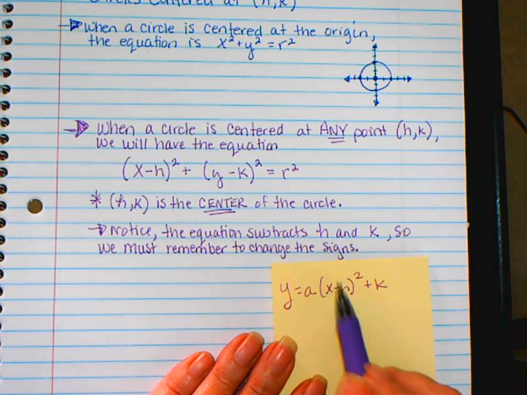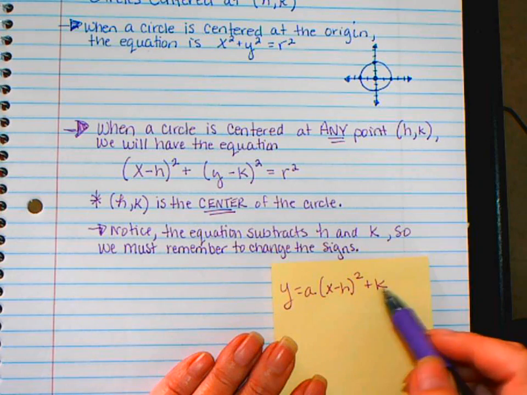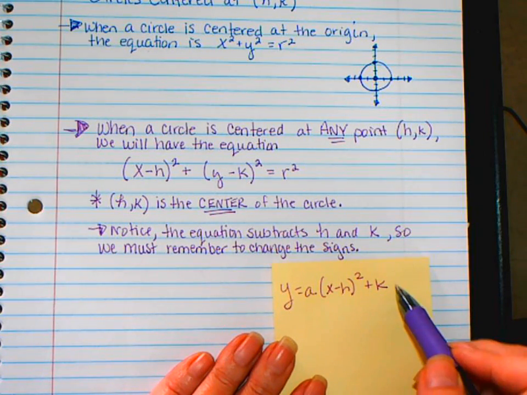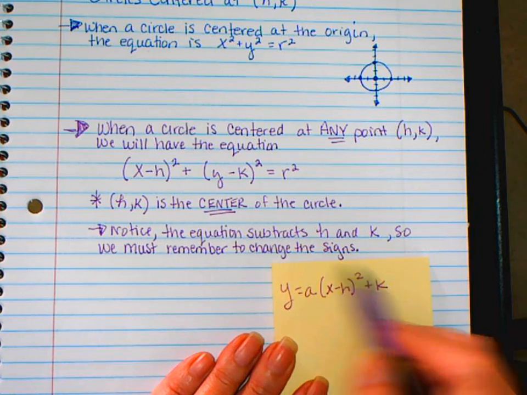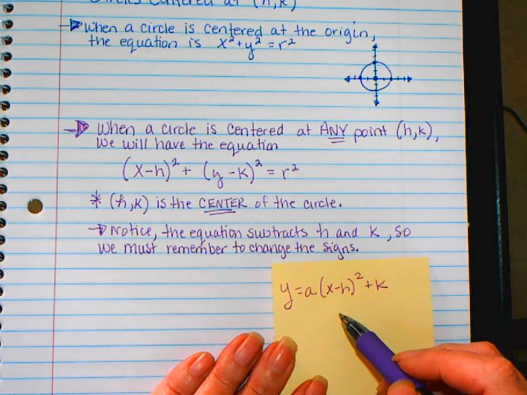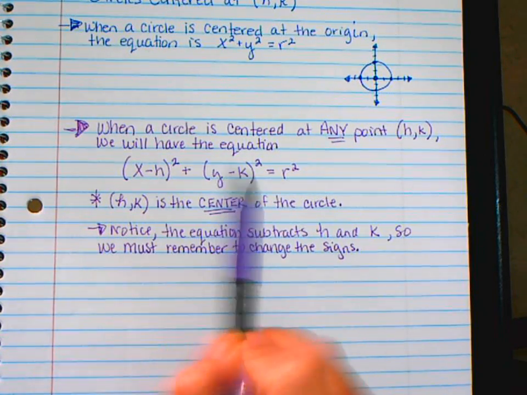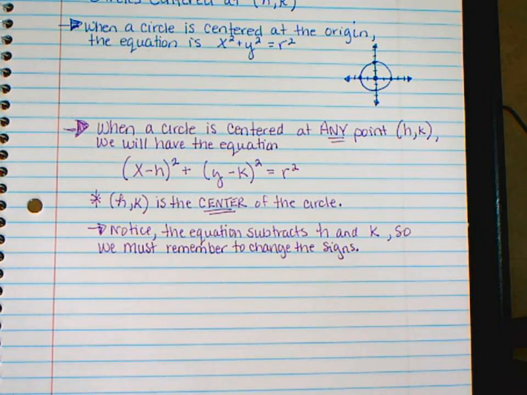And remember, that tells us the left and right. The k, it adds the k. So whatever k is the sign, you don't have to change it. This tells you up or down. In a parabola, quadratic. But in a circle, it subtracts the h and subtracts the k. So you have to change the sign of h and k both. All right? Make sense?